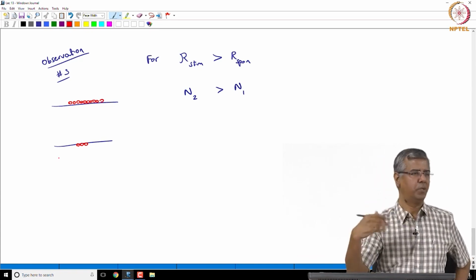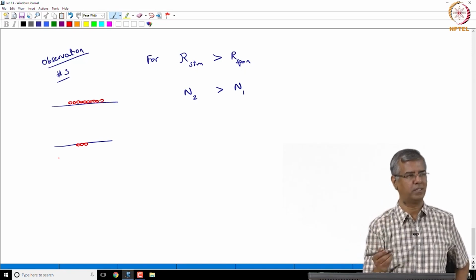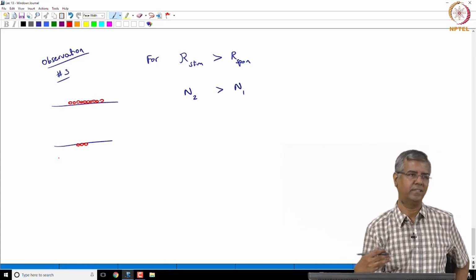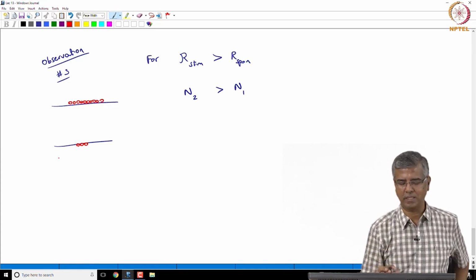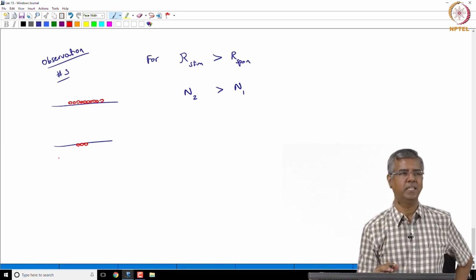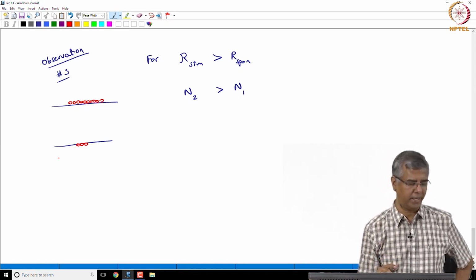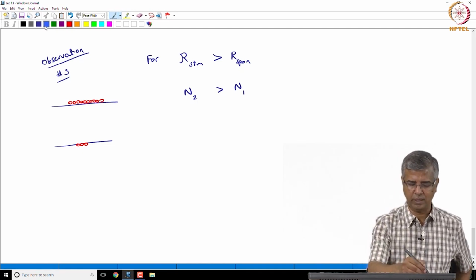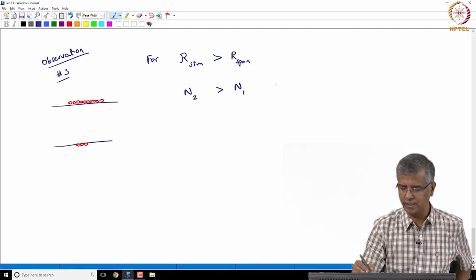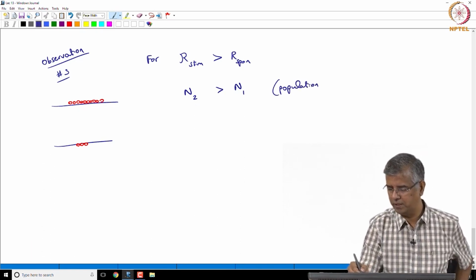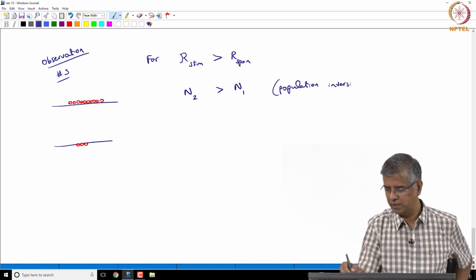And of course, beyond that you also need these photons coming in to stimulate the transition. So, that is another thing that we need, but basic condition you require is that N2 should be greater than N1, right. And this is a condition that we call as population inversion.